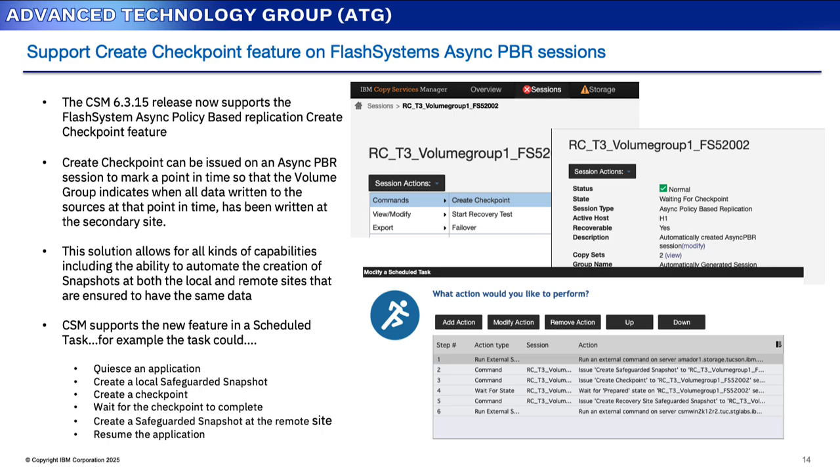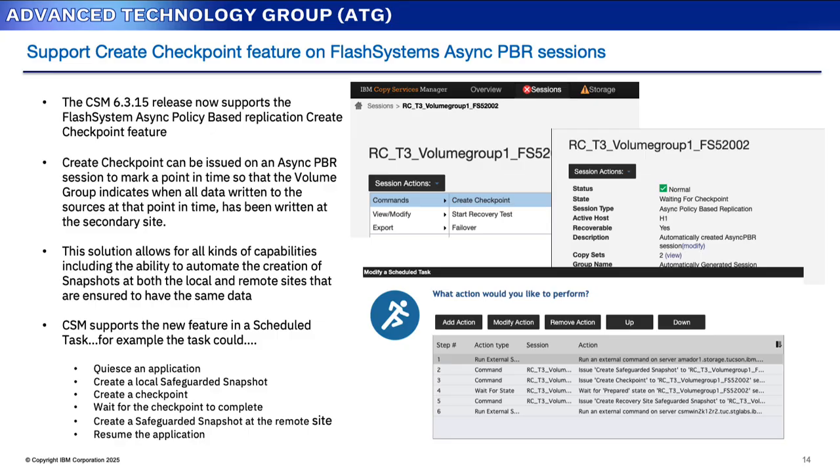So what is create checkpoint for? Well, it's a feature that they designed on the FlashSystems volume group so that you can, through automation primarily, create that checkpoint, and the FlashSystem itself will tell you when all the data up to that checkpoint has actually been replicated and hardened on the remote site.